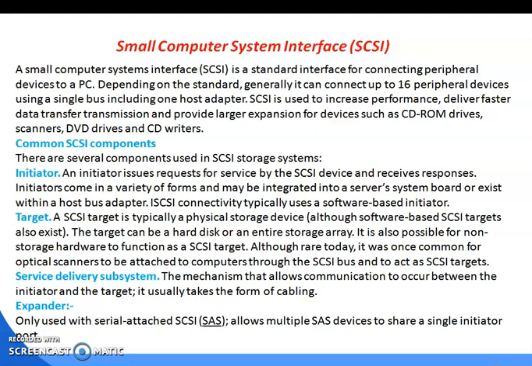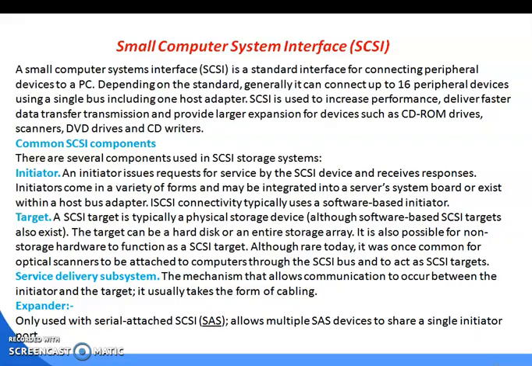First, initiator, which issues requests for services by SCSI devices and receives responses. Target, a SCSI target is typically a physical storage device. The target can be a hard disk or an enterprise storage array, and then the service delivery subsystem, the mechanism that allows communication to occur between the initiator and the target.